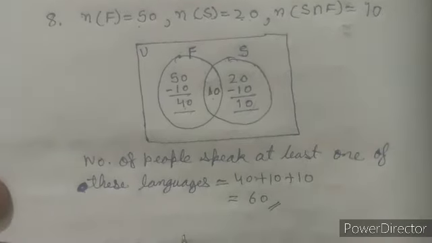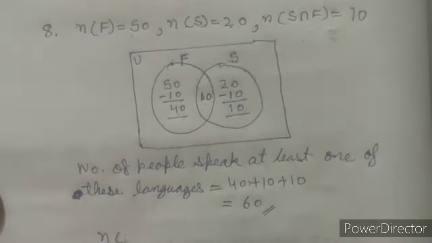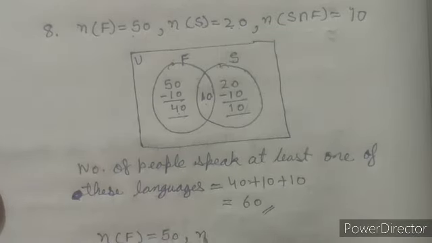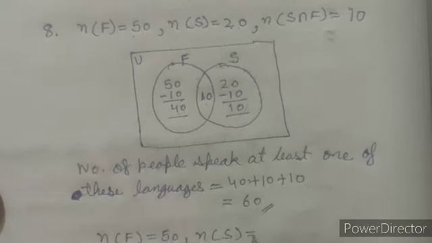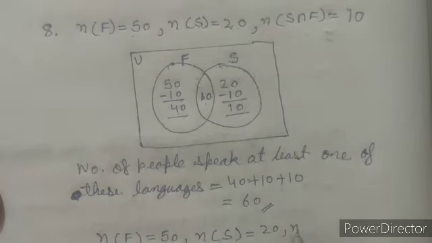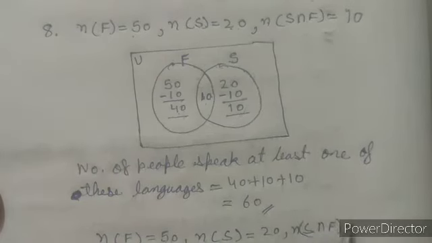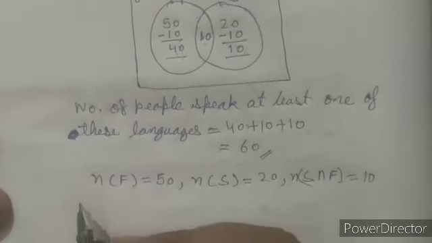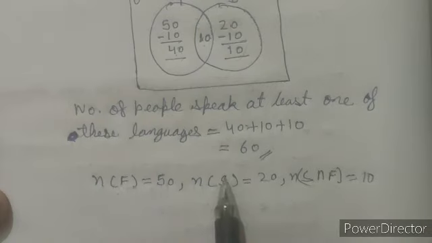Now in another form, we can say that n(F) is given to us as 50, n(S) was 20, and n(S intersection F) was 10. Now we have to find out the number of people who can speak at least one of the two languages, French or Spanish.